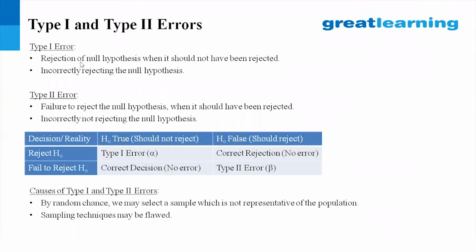So when you say alpha in your questions, in your case studies, that is actually the tolerance level that you're giving to your problem to allow making a type 1 error. That is because you're taking a sample, so your population mean is not going to be exactly equal to the sample mean. So alpha is the level of tolerance that you're giving to the statistical test to make an error.